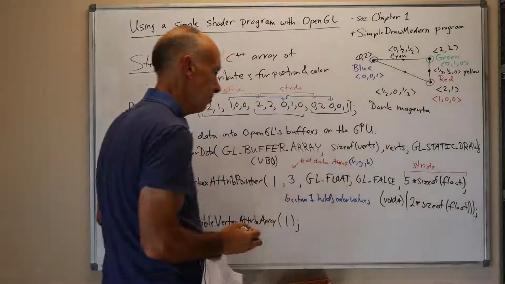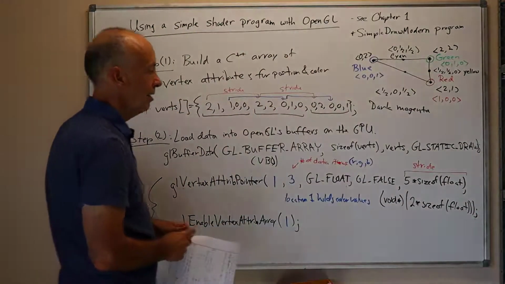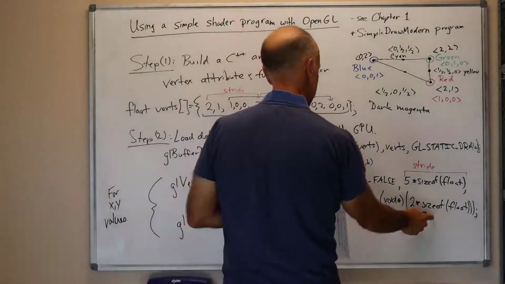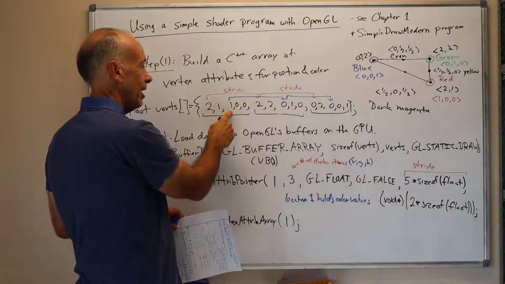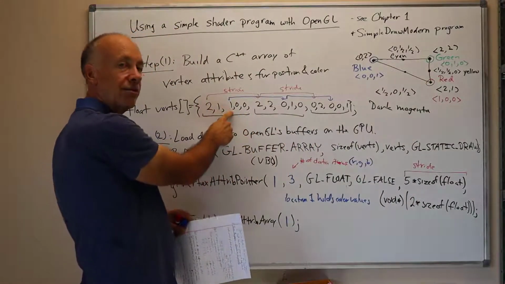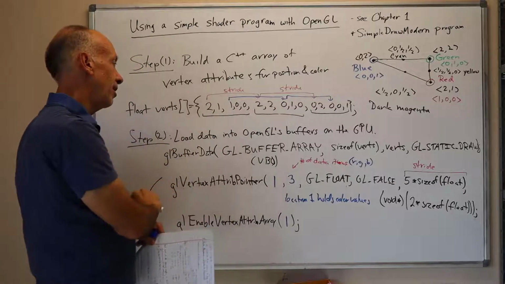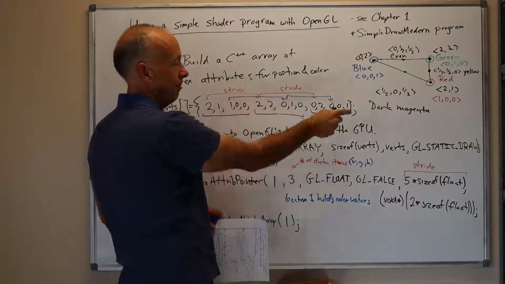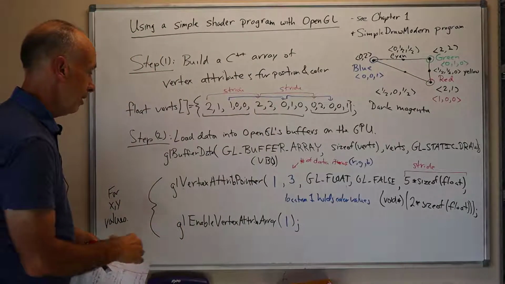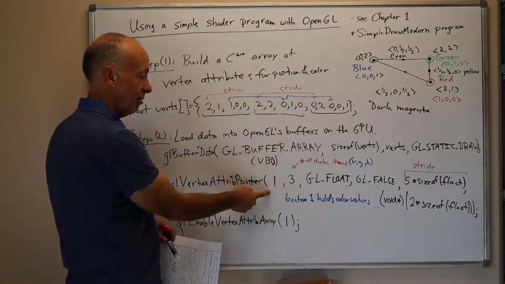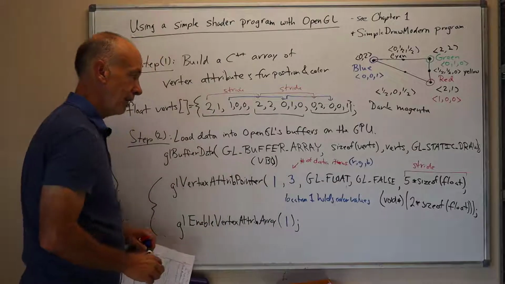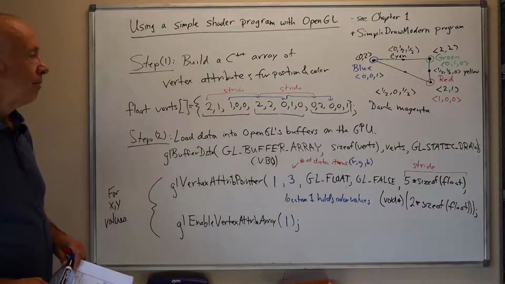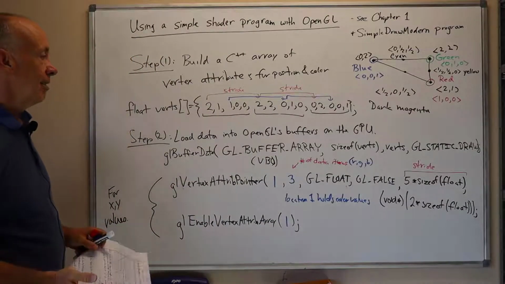Close parentheses. So this will tell it start the data from location 8. 2 times size of float will be 8 bytes from the start of the array. And so this says the color starts here, there's 3 numbers, and to get to the next color you jump 5 numbers up. And then this is location number 1, and we enable location number 1 to read from the array.